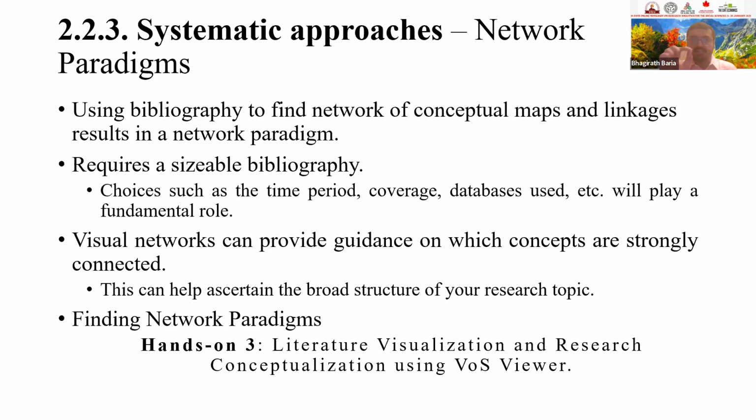It gives you a clear indication what kind of topic I need to focus upon. So my research topic should link or connect which different major concepts. Okay, so by doing that, you can skip everything that we have done so far, and definitely this is the most superior method of research topic conceptualization, and it's the most difficult also.